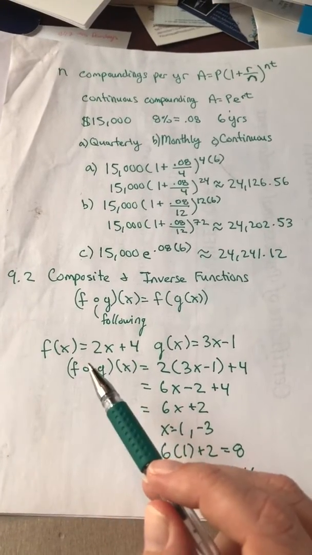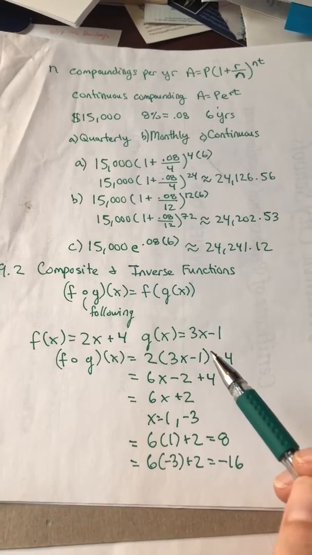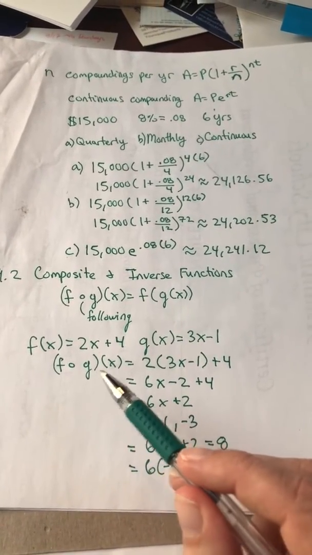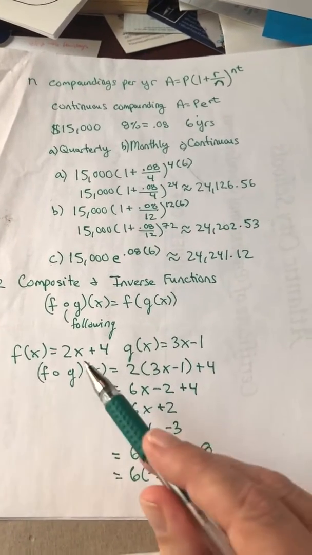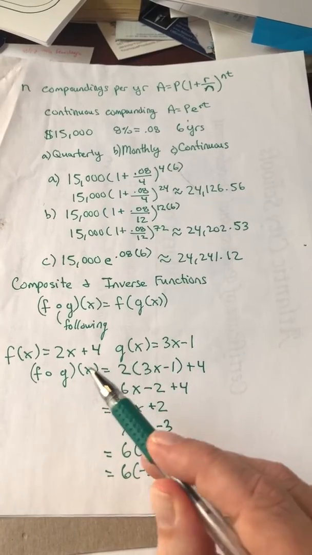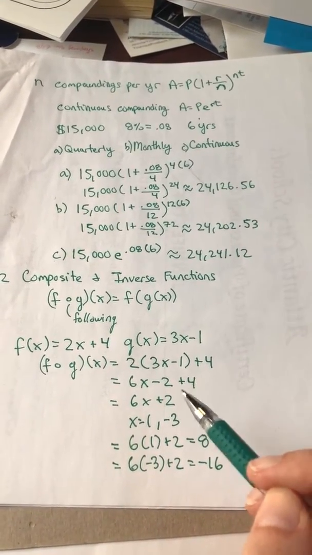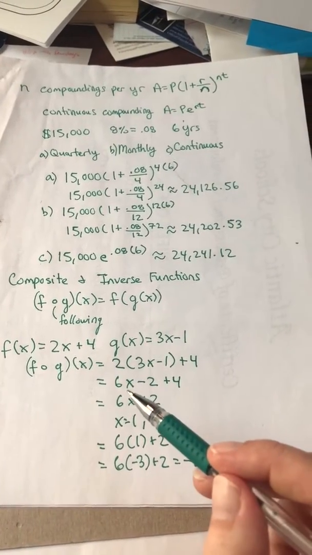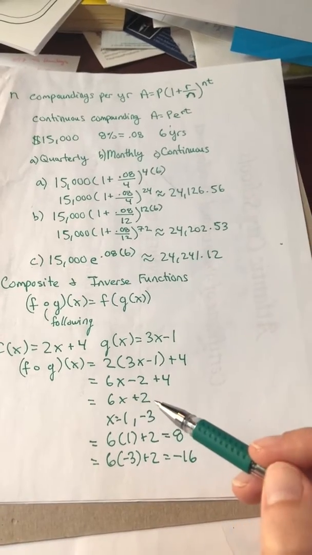If you have f of x equals 2x plus 4 and g of x equals 3x minus 1, and it's f following g of x, then wherever you see x in f of x, you're going to plug in g of x. So 2 times 3x minus 1 plus 4. Distribute, you get 6x minus 2 plus 4, which equals 6x plus 2.